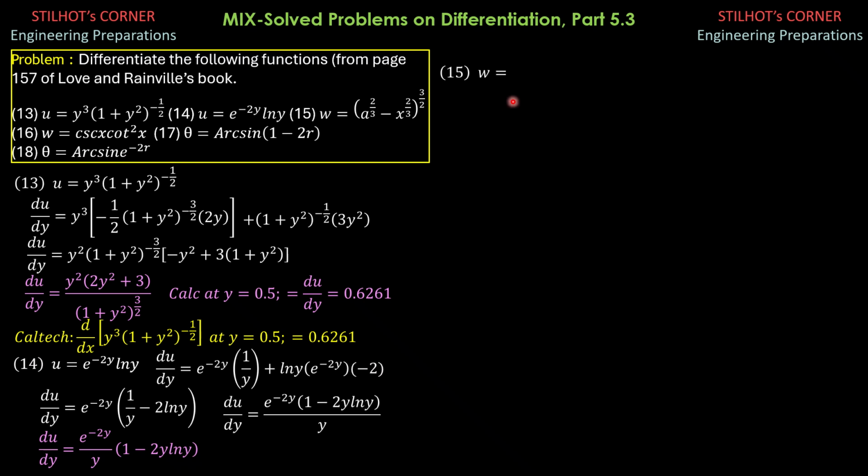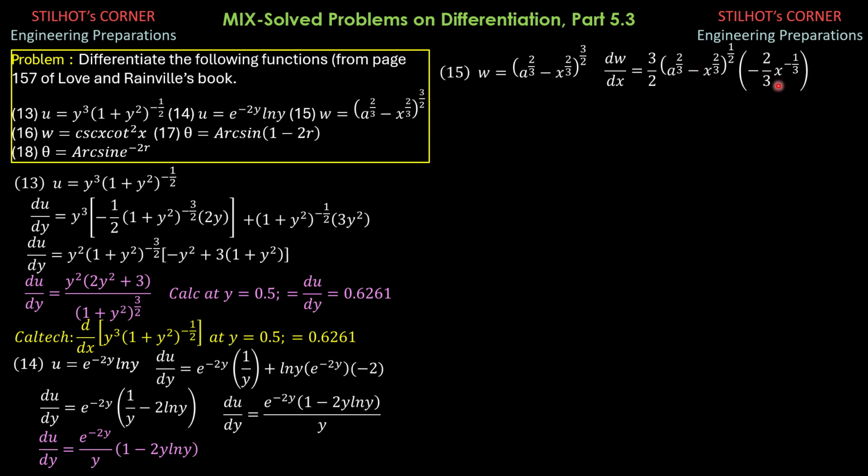15, w equals quantity a to the 2/3 minus x to the 2/3 raised to 3 halves, where a is constant here. So this is by power formula 3 halves quantity a to the 2/3 minus x to the 2/3 to the 1 half times negative 2/3 x to the negative 1/3. Derivative of a to the 2/3 minus x to the 2/3 is negative 2/3 x to the negative 1/3.